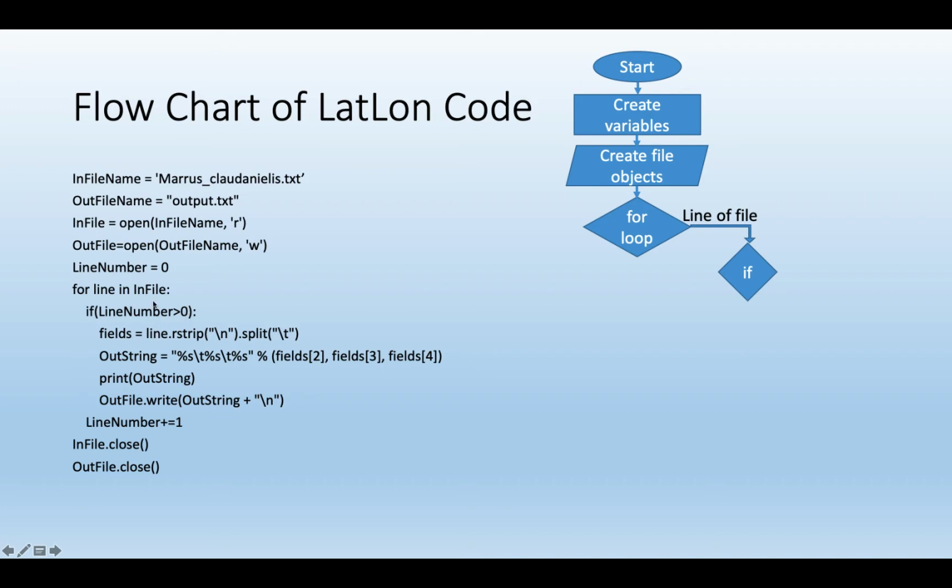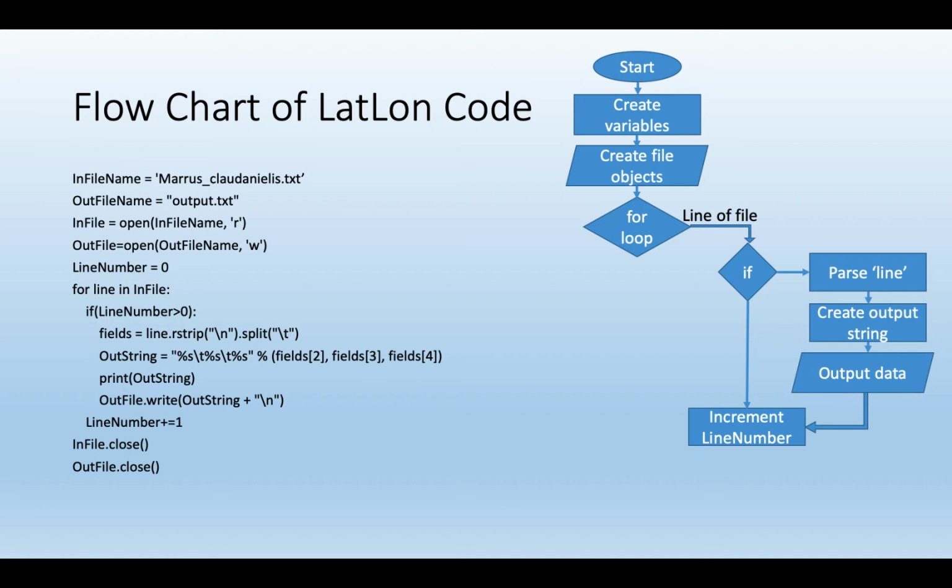So the first time through is going to look and say, is line number greater than 0? It's not greater than 0, right? It's actually equal to 0 the first time through. So what's going to happen is that we will just go straight to incrementing line number. In all later rounds of this loop, we won't actually skip, because now line number is equal to 1, so the next time through the loop, it's going to push us into parsing the line, creating all the output that we want to do.